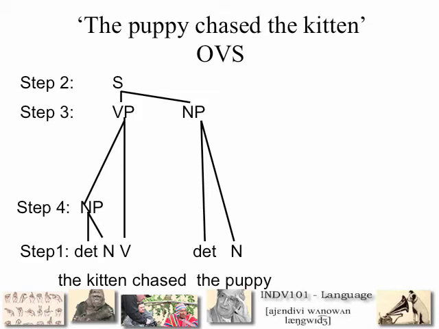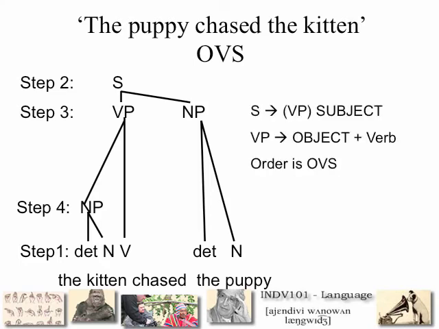We can also get OVS word order, and this is the complete flip side of English word order. Everything's backwards here. So our rule for making a sentence is the opposite. It's a verb phrase predicate first, and then a noun phrase subject. And our verb phrase rule is the opposite of the English rule as well. Object first, and then verb.